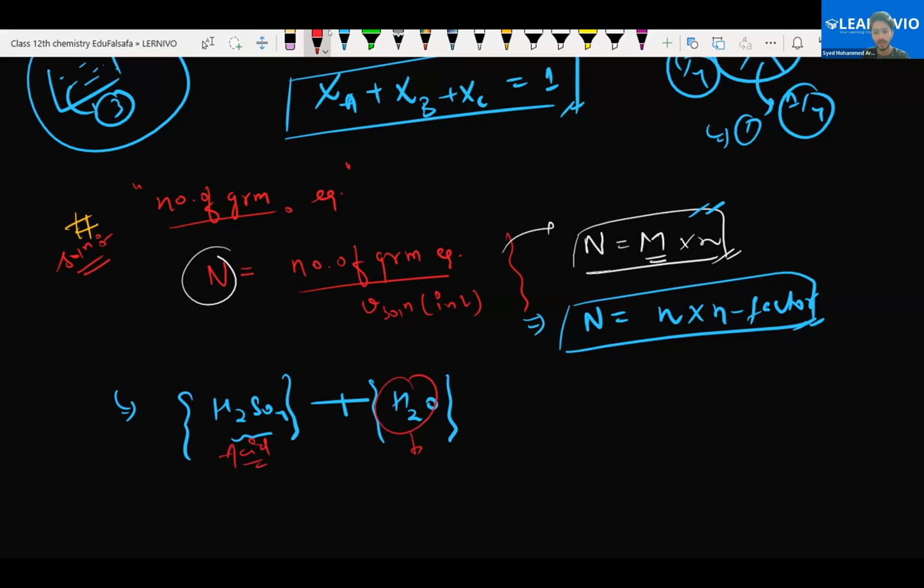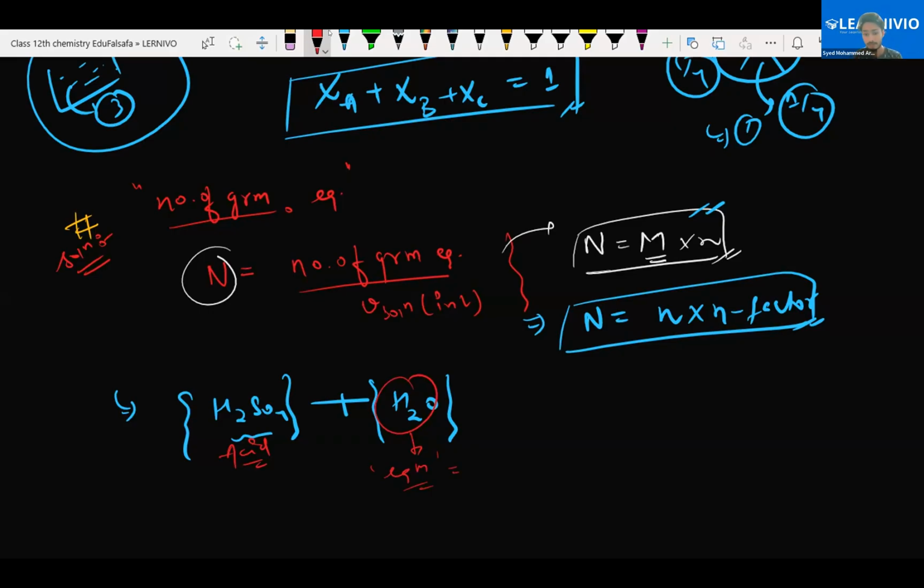In the previous class you also learned that water is amphoteric in nature. And what is the meaning of amphoteric? It can act as an acid and as a base as well, both.